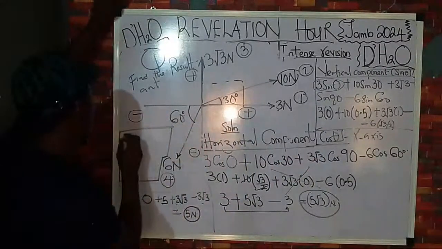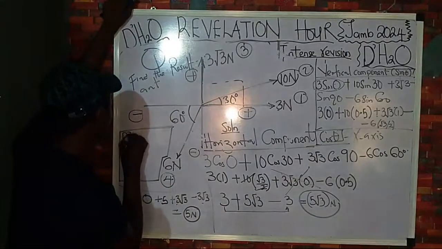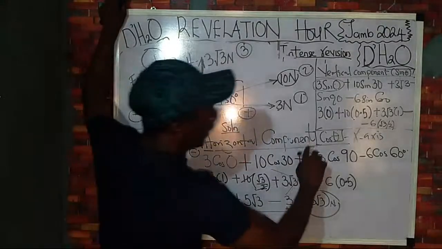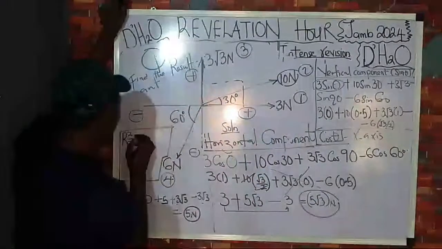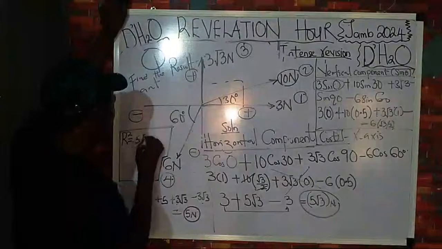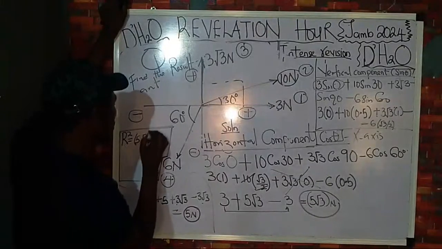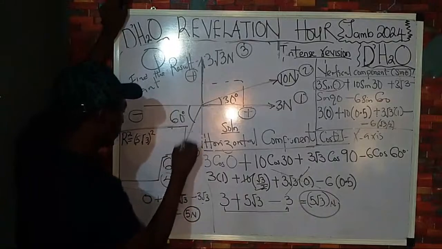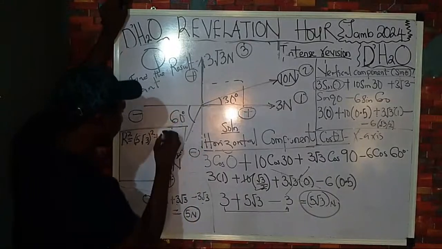So by Pythagoras theorem, the first one should be 5 root 3, so you have 5 root 3 squared, plus the next one, 5 squared.